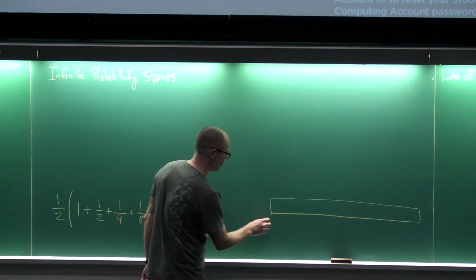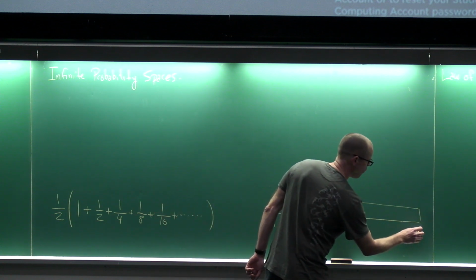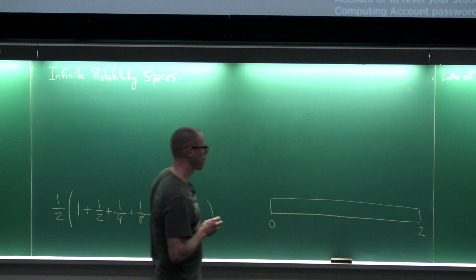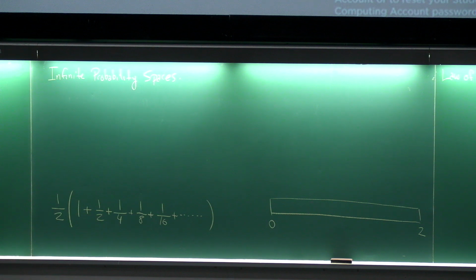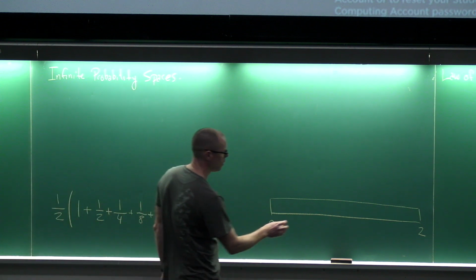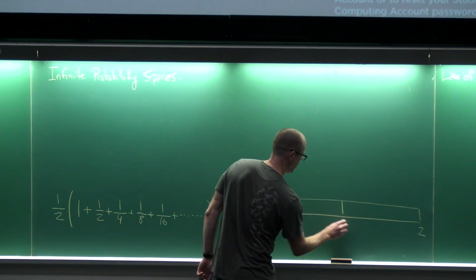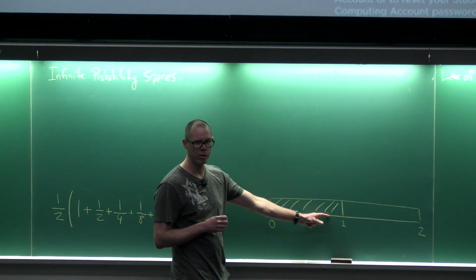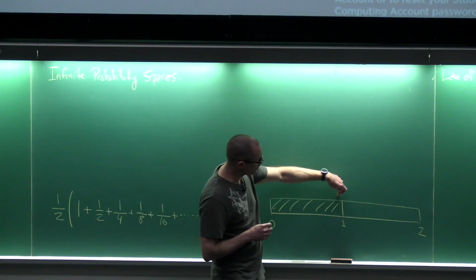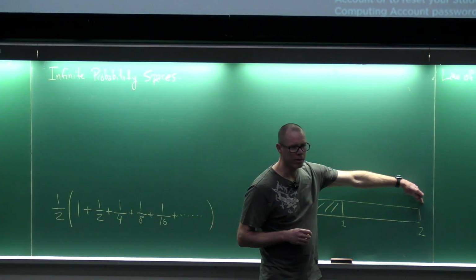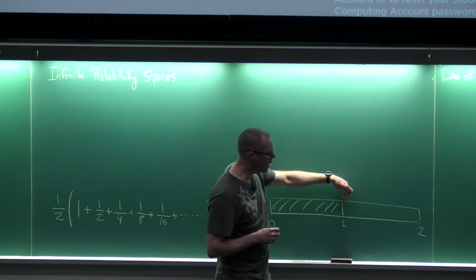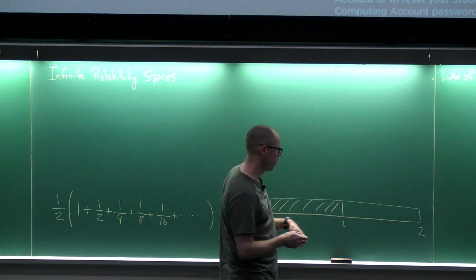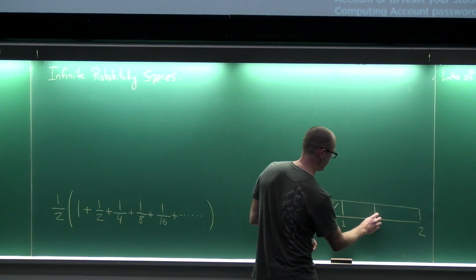And the way I like to think of it is, imagine you have a stick whose length is 2, then this first term here, 1, is half the stick, right? Agreed? That's the first term. What's left when you take away half the stick is a stick of length 1. And the second term is 1/2, is half of that thing.